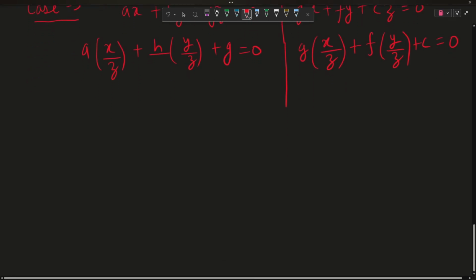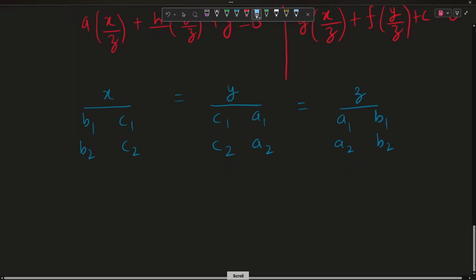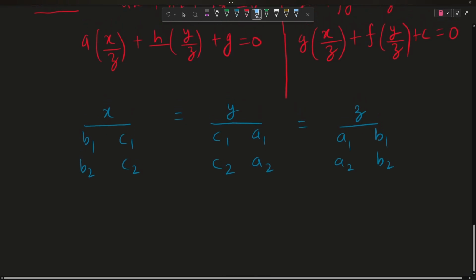Firstly, we'll write the formula. The formula is x upon b1 b2, c1 c2, is equal to y upon c1 c2, a1 a2, is equal to z upon a1 a2, b1 b2. So we need to get the values of a1, b1, c1 and a2, b2, c2.